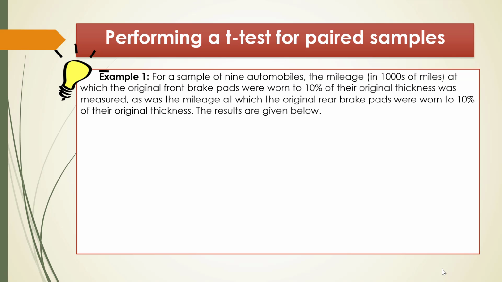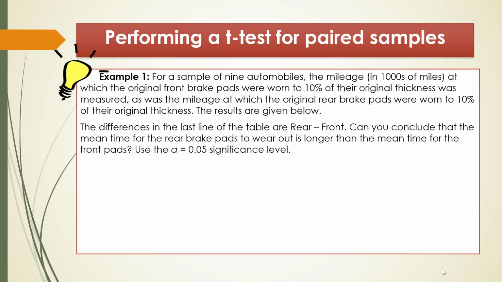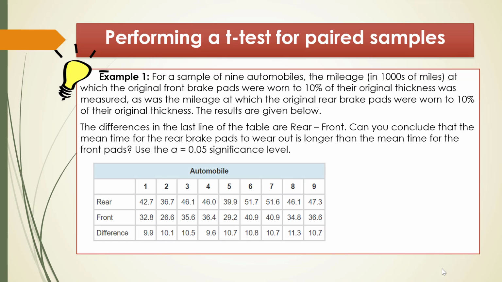The results are given below. The differences in the last column of the table are rear subtract front. Can you conclude that the mean time for the rear brake pads to wear out is longer than the mean time of the front pads? Use alpha equal to 0.05.